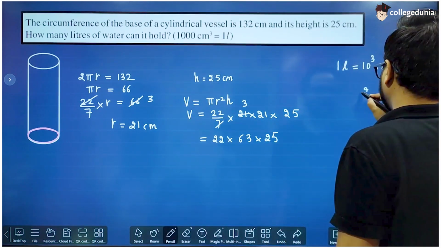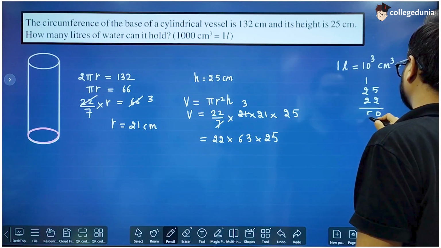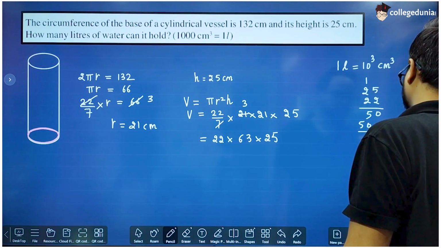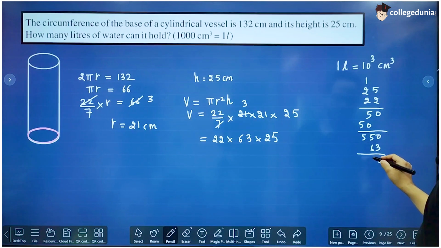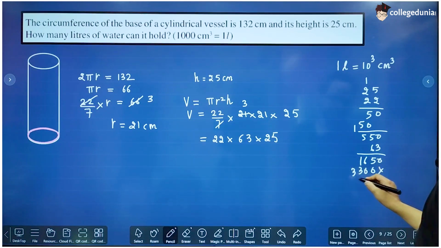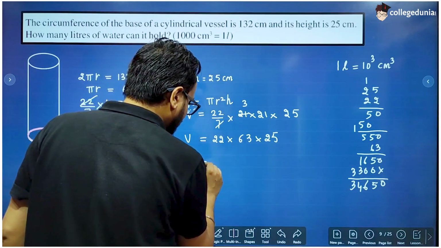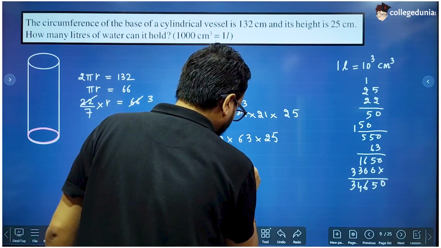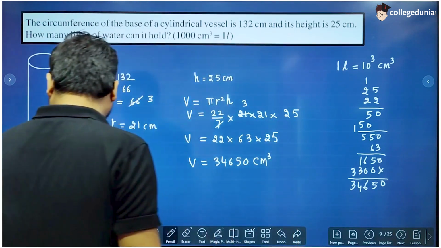Now let's multiply all this. 25 into 22. Three, 4, 6, 5, 0. So volume is 34650 centimeter cube.